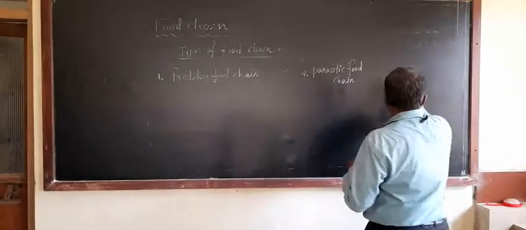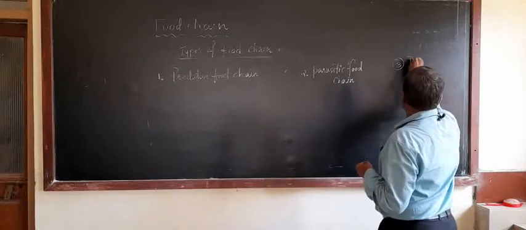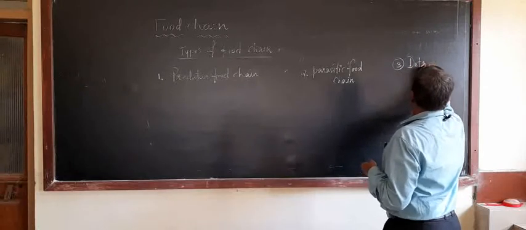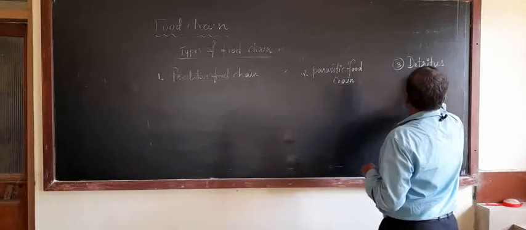And the third kind of food chain is usually called the detritus food chain.